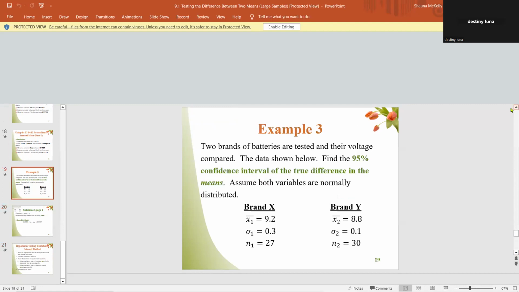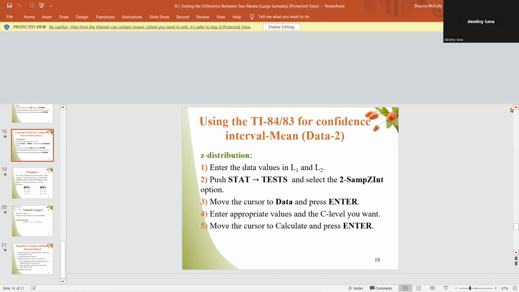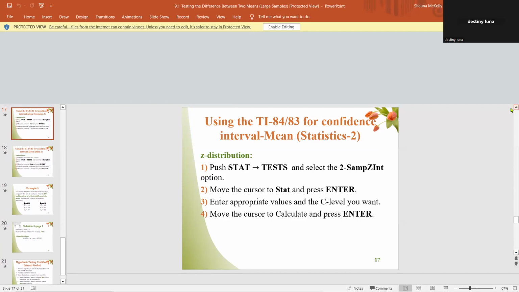She's after this part, okay? You enter the appropriate values, you move the cursor to the data.